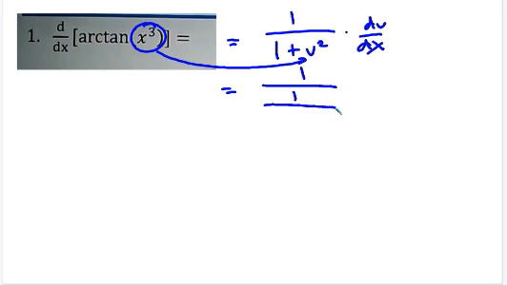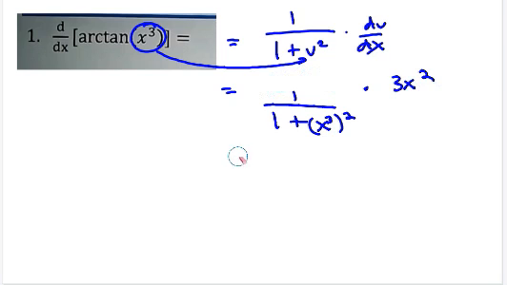So I'm going to have 1 over 1 plus x cubed squared times the derivative of x cubed, which is 3x squared. By the way, we didn't need this up here. So my final answer is 3x squared over 1 plus x to the 6th. All right? Pretty easy.